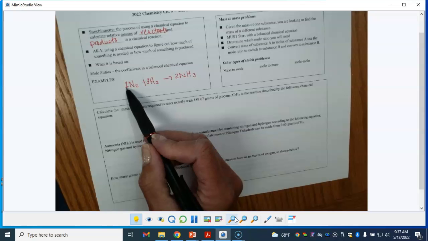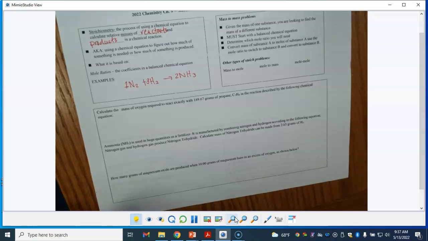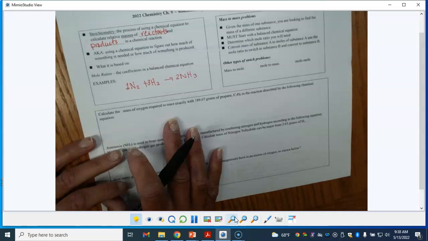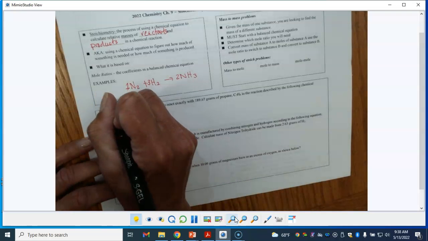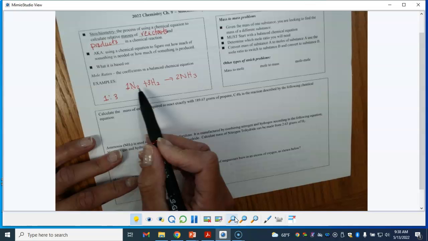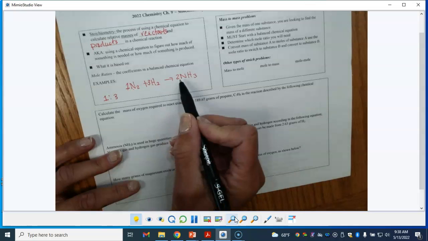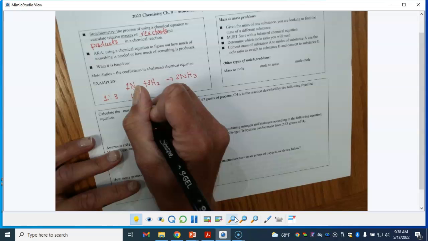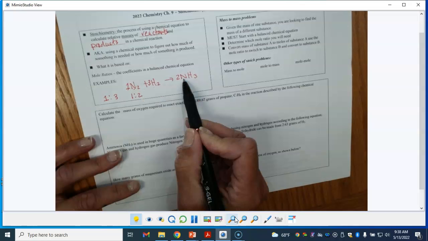So we call these coefficients mole ratios. So for example, there are 3 mole ratios in this chemical equation, okay? We have a 1:3 ratio of nitrogen to hydrogen. We have a 1:2 ratio of nitrogen to ammonia.